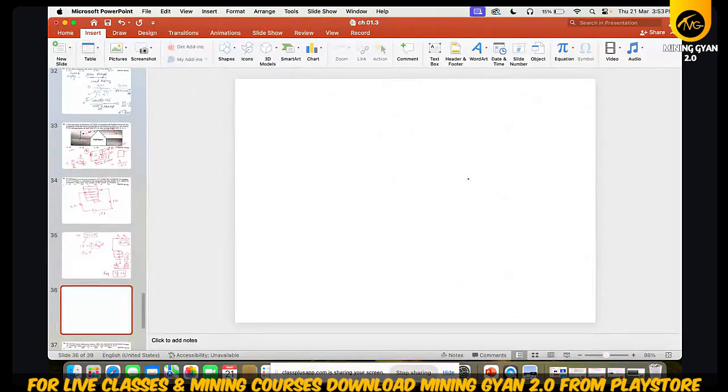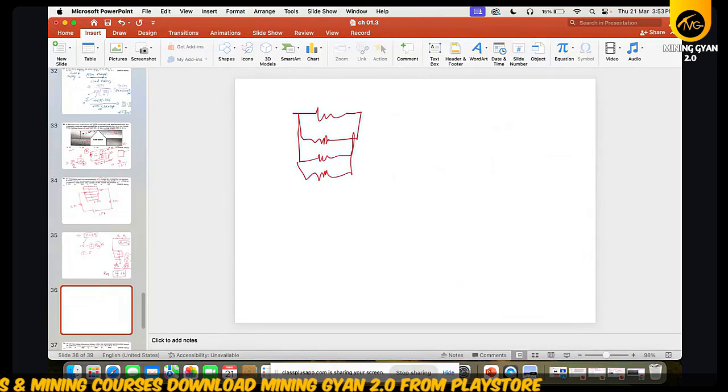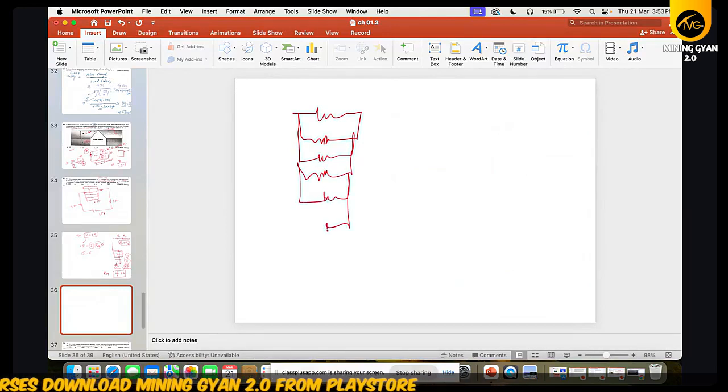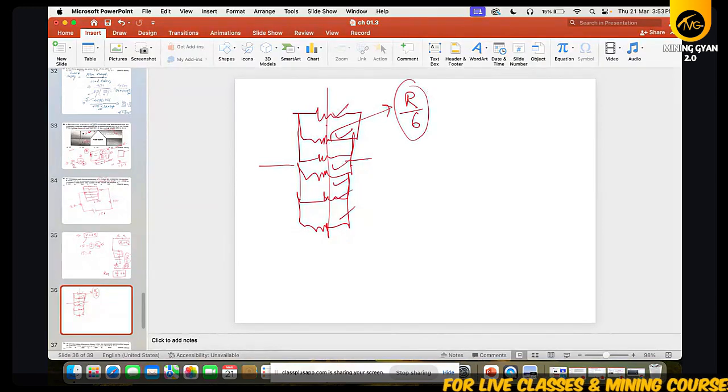Okay, suppose these are in parallel, then their R equivalent is R by 6, whatever it is, 1 2 3 4 5 6. So these are the 6 resistances, so it will be 1.5 by 6.